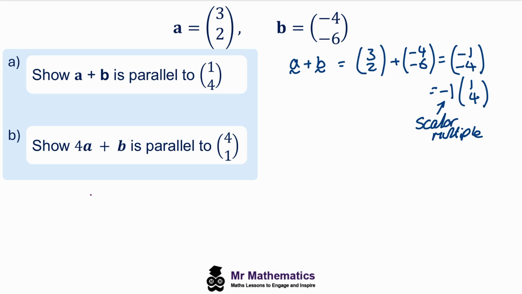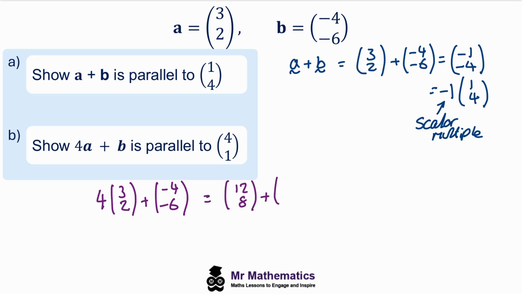Okay, so welcome back. So 4 lots of vector A plus vector B. So we'll expand this out. We'll get 12 and 8 plus the negative 4, negative 6. We'll add the horizontal components.